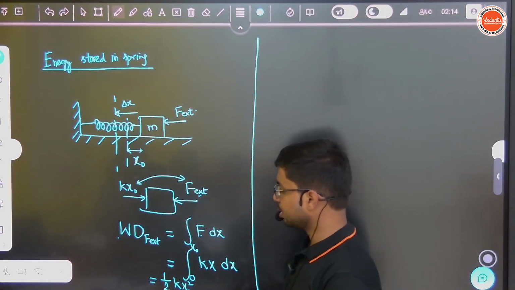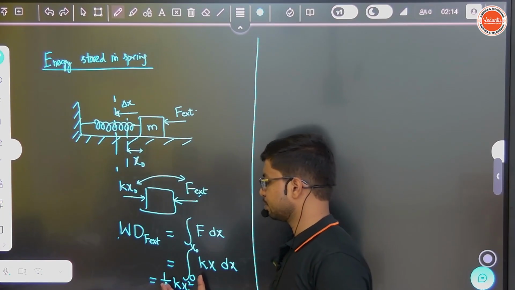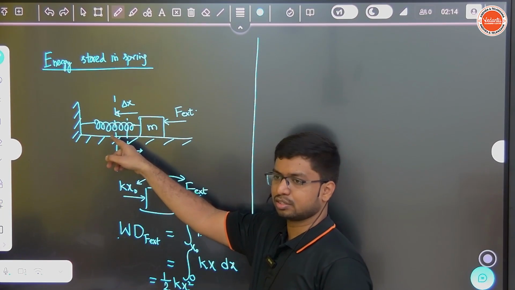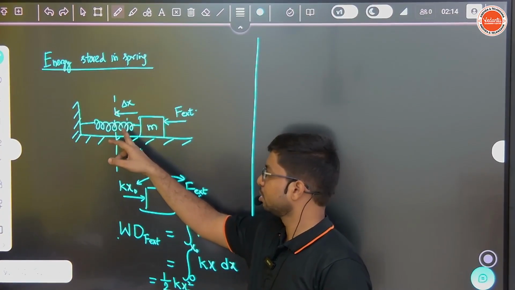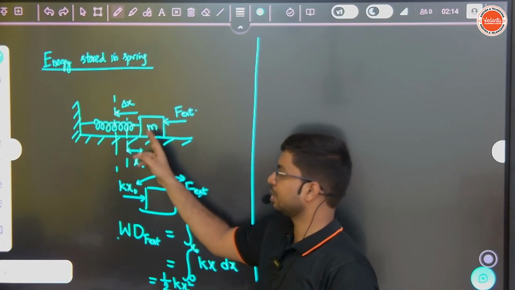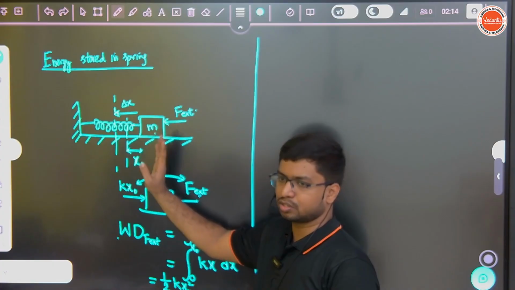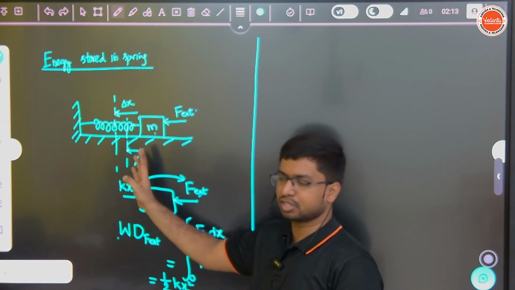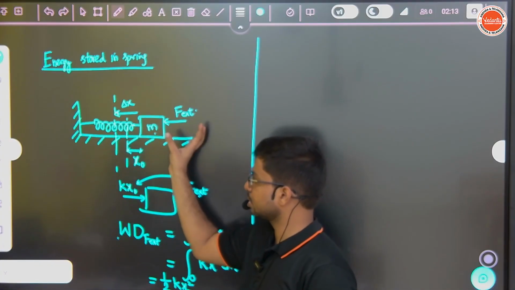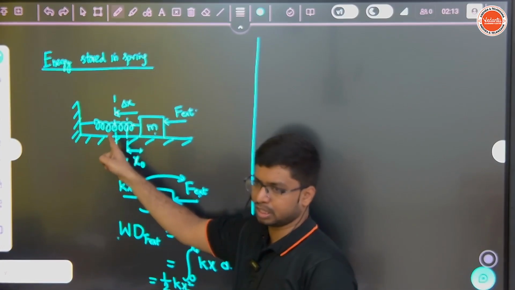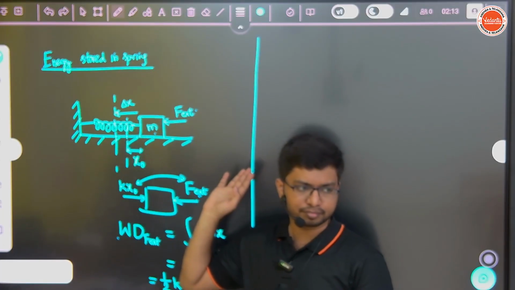So the work done by the external force, we got it as half k x naught square. This much energy is given to this particular spring. It is not going into the kinetic energy of the block, because I'm slowly displacing it. So whatever energy is given to the system is taken by the spring, which we call the spring potential energy.